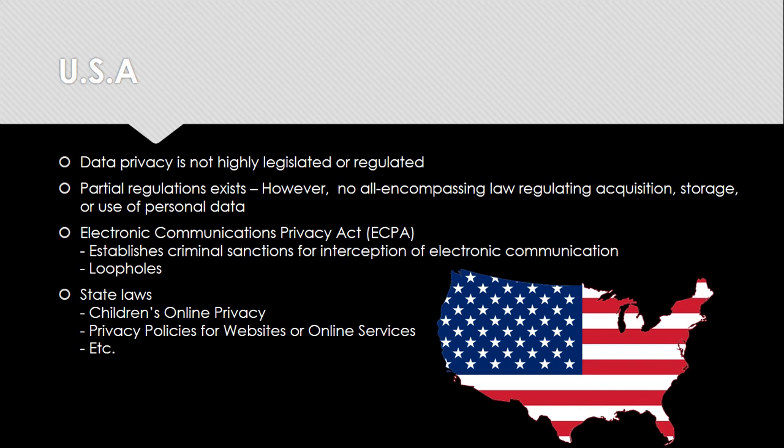And there are many examples of this, two of them being, firstly, the children's online privacy law. This is a law in California and Delaware, which permits minors to request and obtain removal of content or information posted on an internet website, online service, or application, or mobile application.